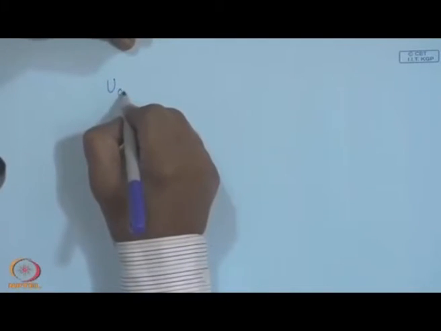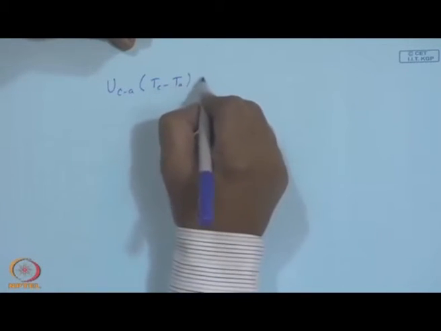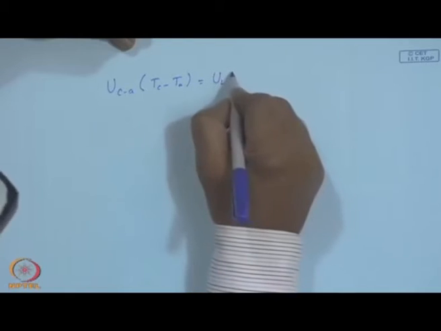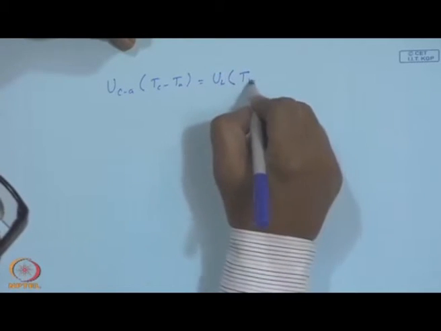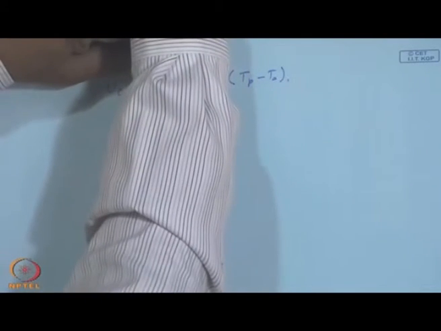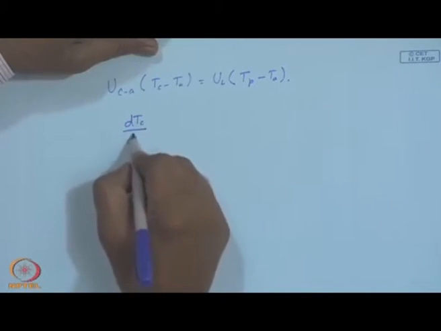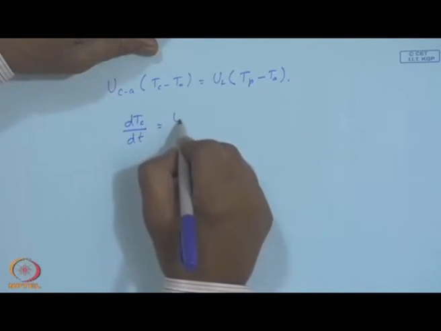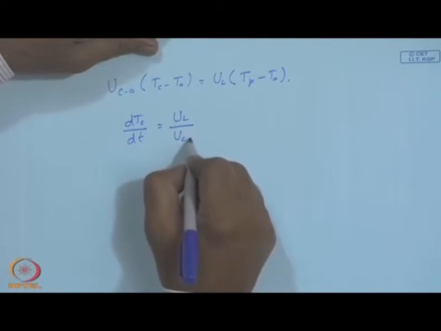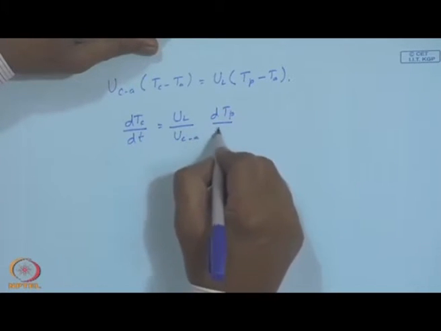So, this means the cover to the ambient loss times T c minus T A should be the loss in the steady state with T p minus T A. So, you can now find out d T c by d t equal to U L by U c A times d T p by d t.